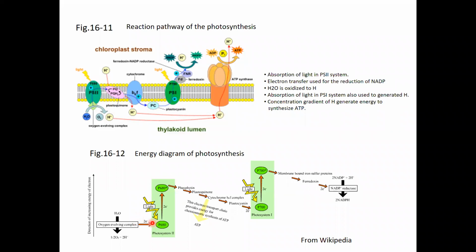And here's the energy diagram. Many different complicated processes happen, but the key point is that it's like a pump of energy. So one of the PS2 systems absorbs light and gives energy, and the other type absorbs light and gives energy. And during this process, ATP is synthesized and NADPH is formed.